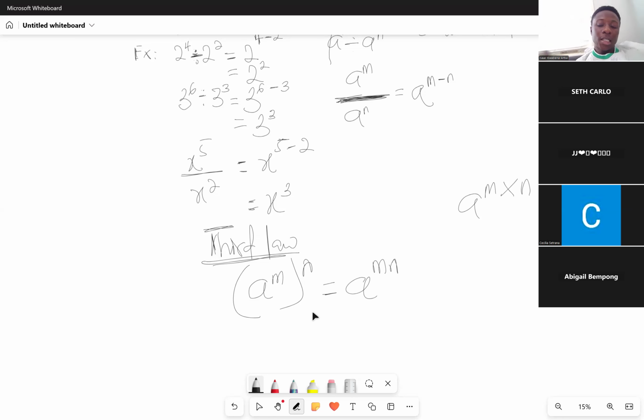If they are numbers, you just conclude; if they're letters, you join them. So if m was 4 and n was 2, it would be 4 times 2, which is 8. Don't go and write 42. Multiply them. If they are letters, join them. So if it was a to the power of x times y, you join them: xy.